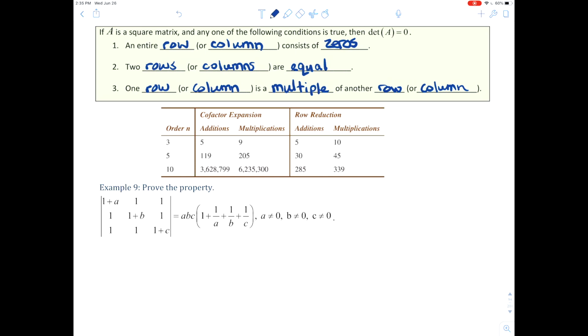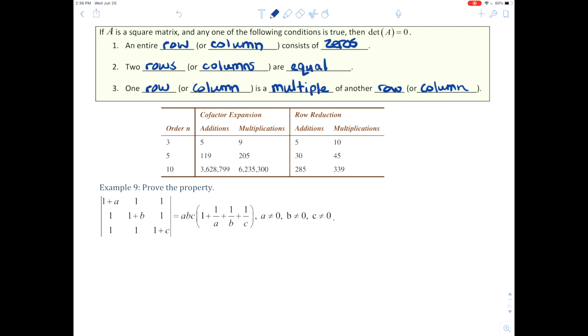But okay, let's look at order 5. You'd have 119 additions and 205 multiplications if you did it the regular way. With row reduction, you'd only have 30 additions and 45 multiplications. So that's getting significant.